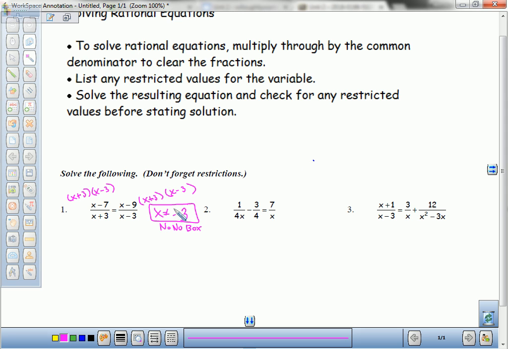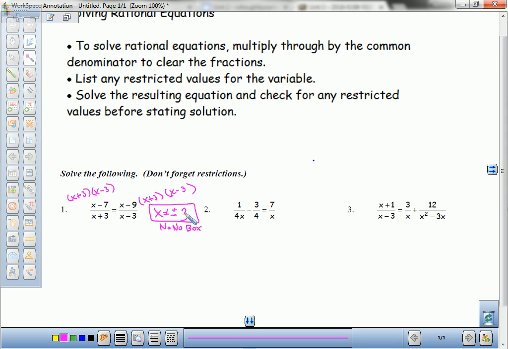So if we solve this and get positive or negative 3 as our answer, even though it's the answer we got when we solved, it doesn't work because those are undefined values. So we'd either have no solution or it might be an extraneous solution, which is, the word extraneous is like extra. It's an extra answer that doesn't really work. It's an extraneous solution.